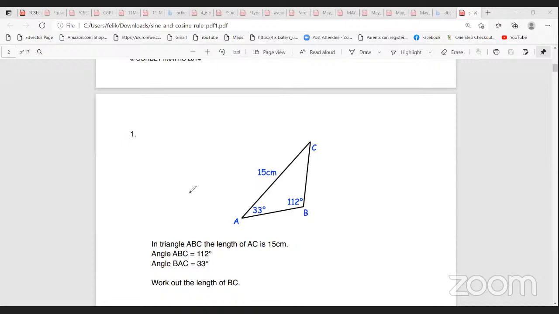Cosine, miss. Why cosine? Because it says two sides and the included angle. Do we have two sides on this triangle? No, miss.